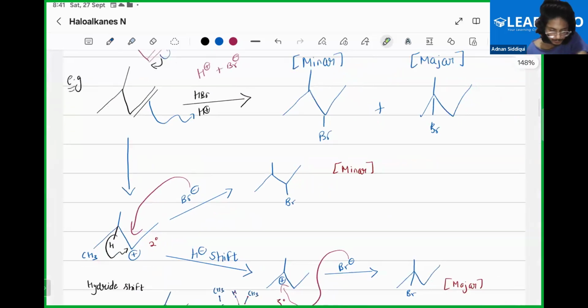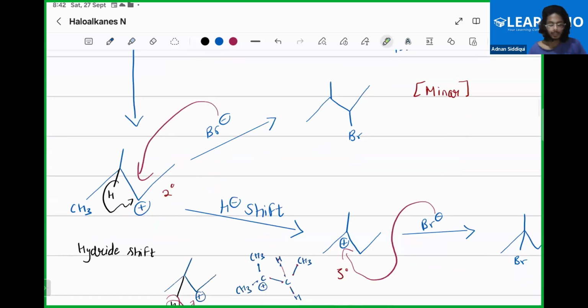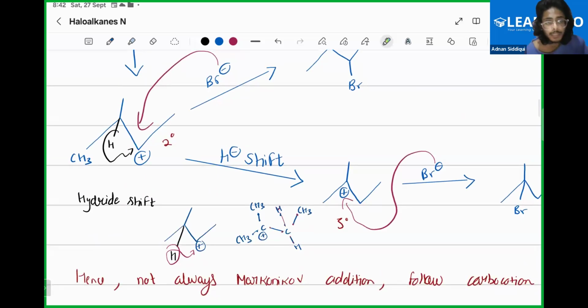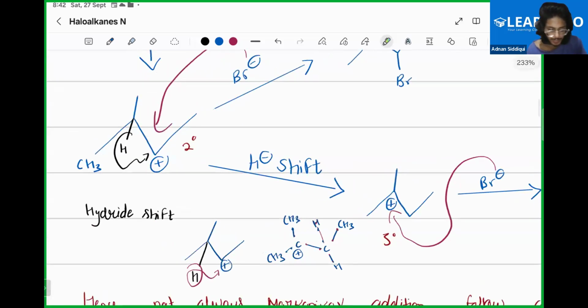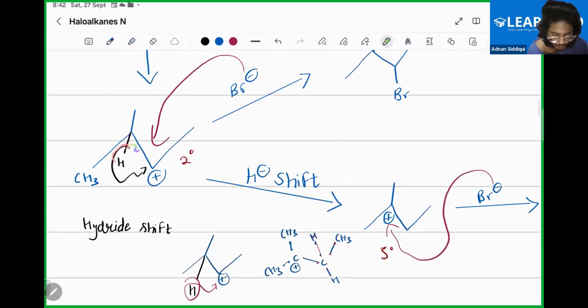Now, if we go by the Markovnikov addition, then my bromine will simply come and attack at this site and I will get my product. But if we go by the carbocation method, then we can see a possibility of getting an even more stable carbocation. How can we do that? At this carbon, I have a hydrogen.